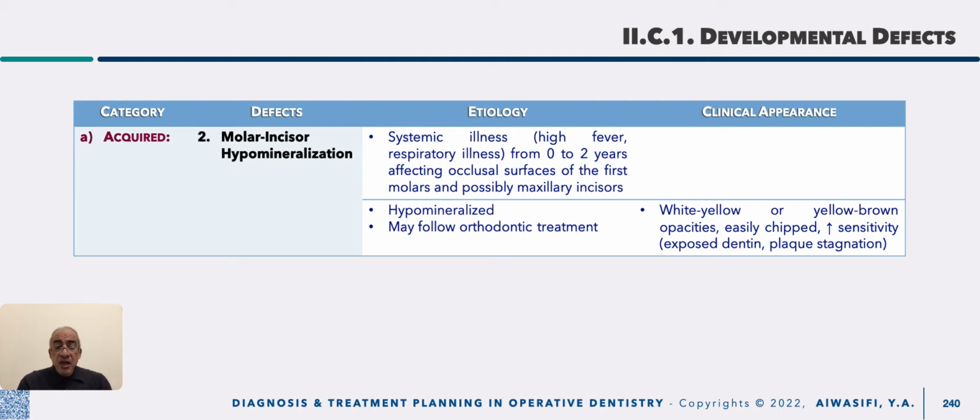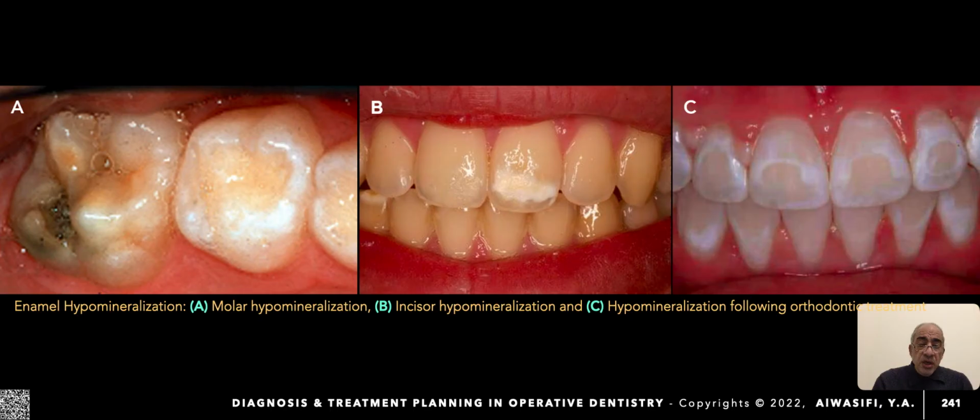It appears as white, yellow or yellowish brown opacities, easily chipped due to hypomineralization, with increased sensitivity because of exposed dentine. Maybe there is black staining in the area due to microporosity of enamel. Those are many examples of this.